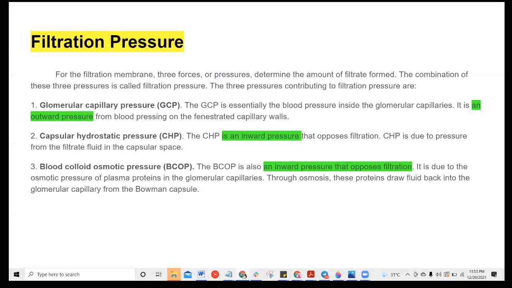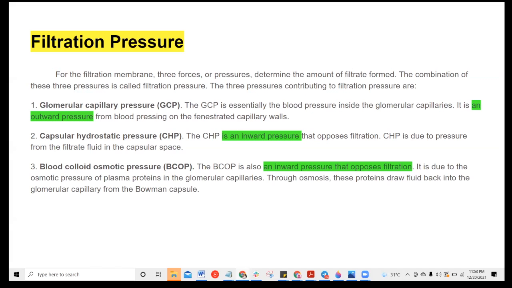This is essentially the blood pressure inside the glomerular capillaries. It is an outward pressure from the blood pressing on the fenestrated capillary walls. So when we say GCP, the hint is that it is an outward pressure.